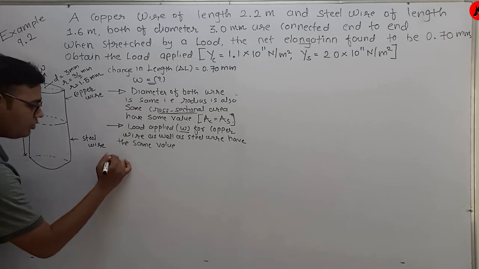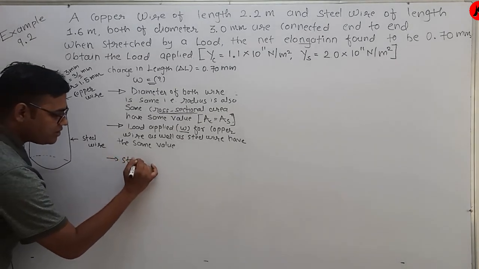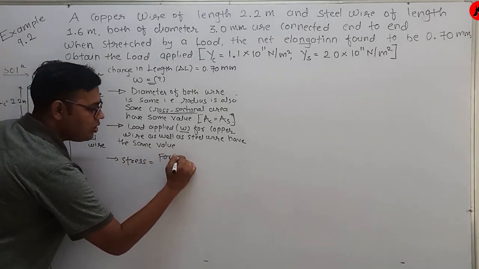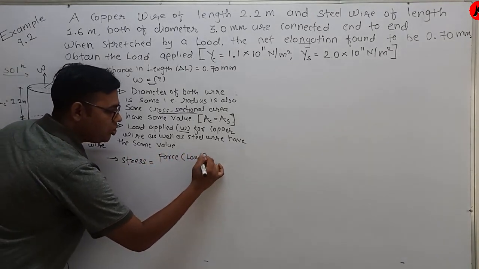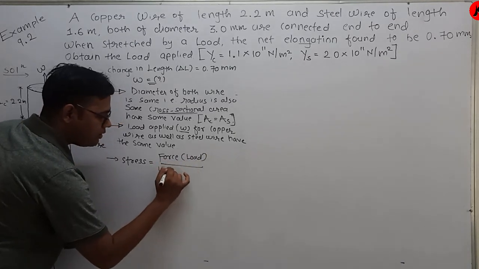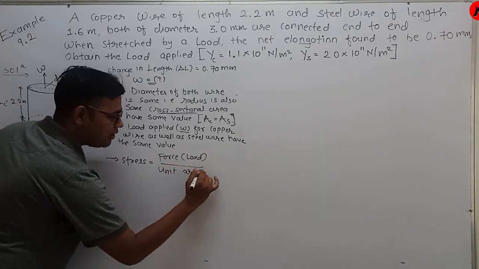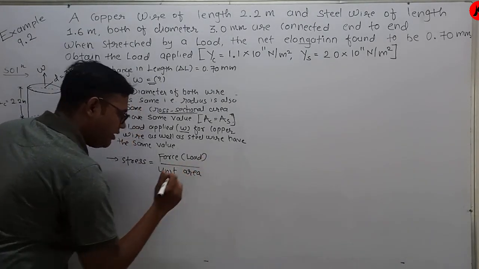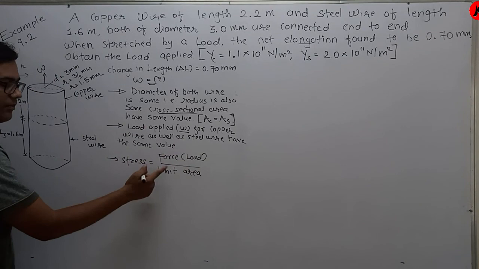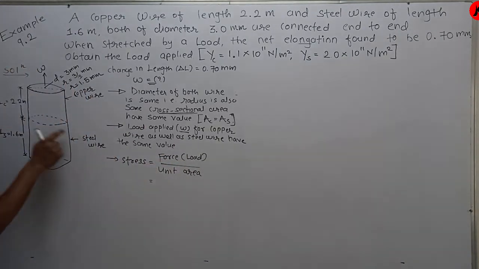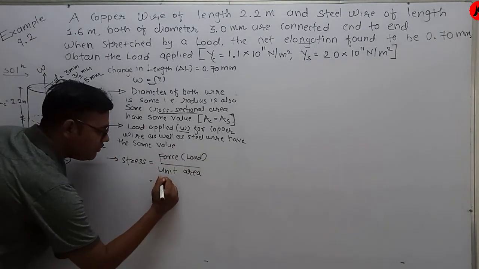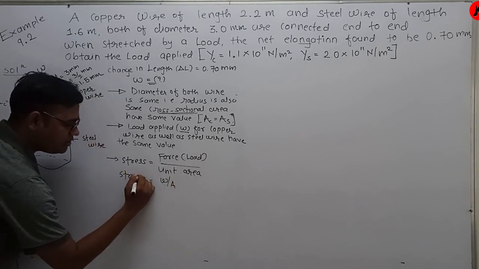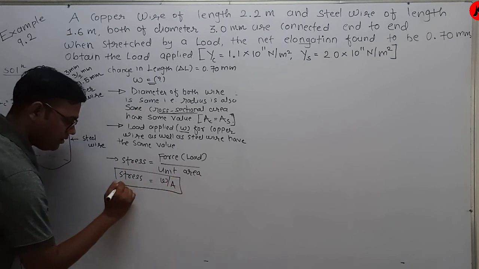And we know the definition of stress, which is given by force, or you can say load applied, per unit area. Force or load applied per unit area, and here the load is W, so it is W by A. So the equation for stress is W by A, right?